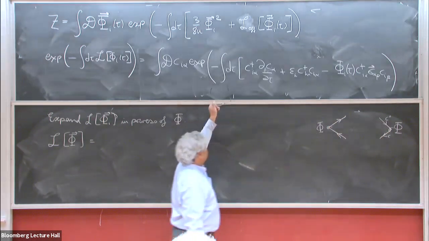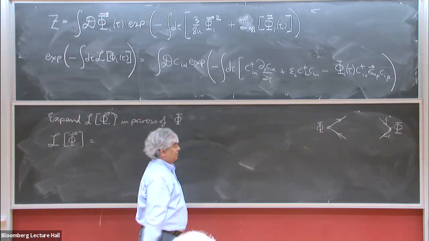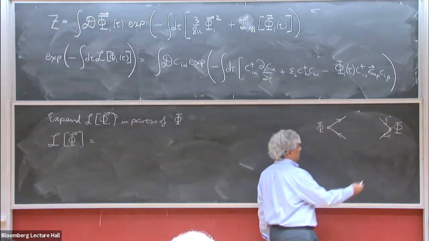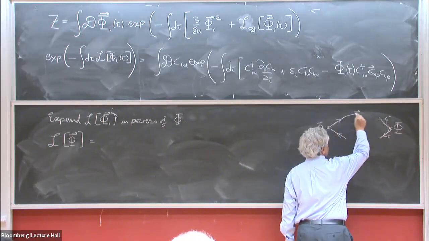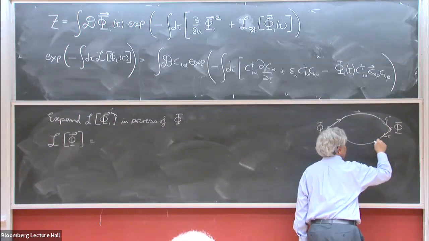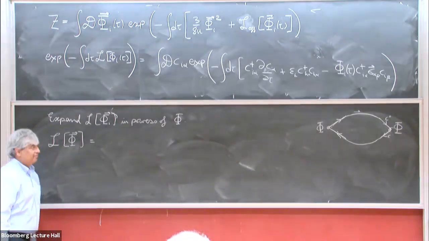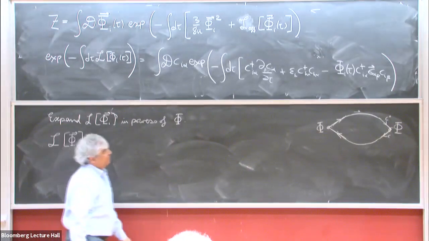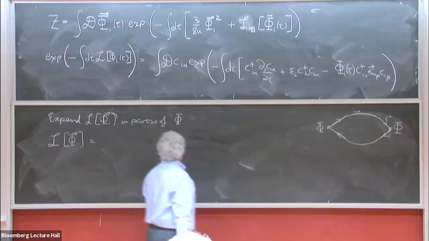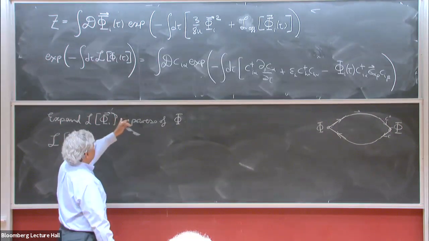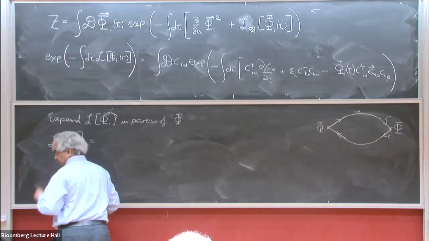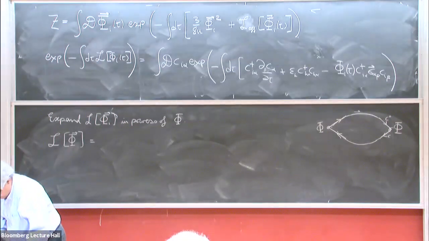Then you have to do the integral over C, which you can do using Green's functions. You can see that the only thing that's going to contribute is this bubble graph, which is the spin susceptibility, or the Lindhard contribution to the spin susceptibility. So L of phi has two terms at order phi squared. Let me also get my factors of 2 correct.